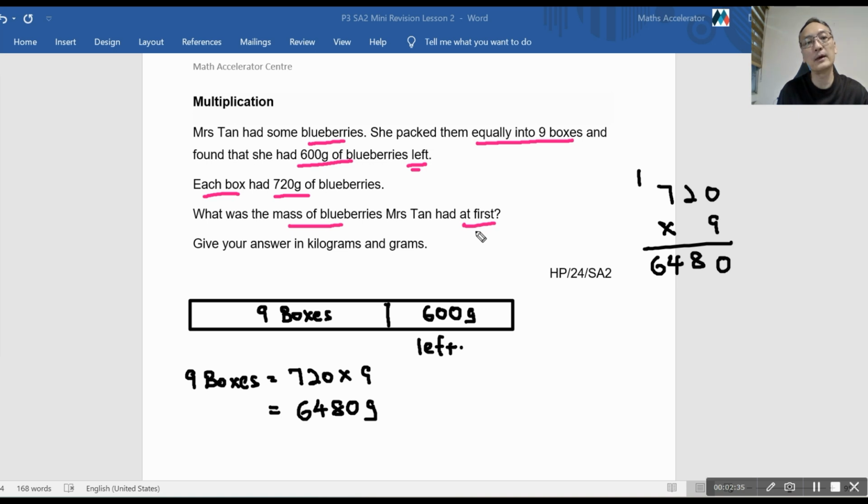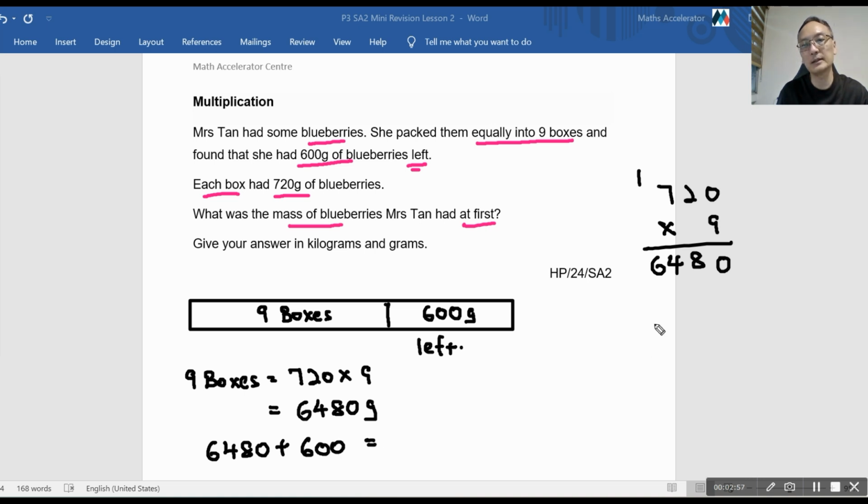Now, in order to find the mass of blueberries that Mrs. Tan had at first, we have to add the mass of the blueberries in the 9 boxes plus whatever she's left, which is 600 grams here. So we take 6,480 plus 600.